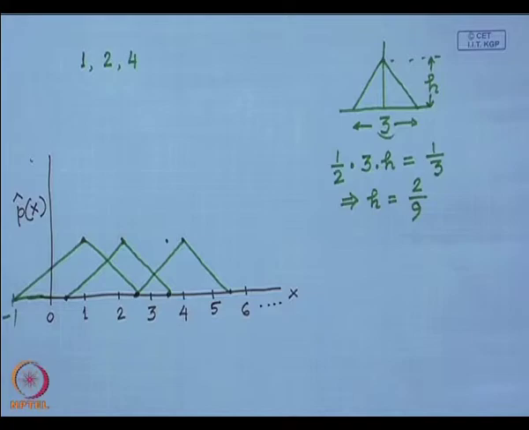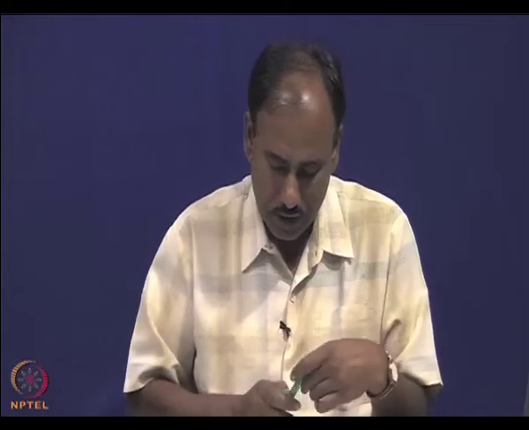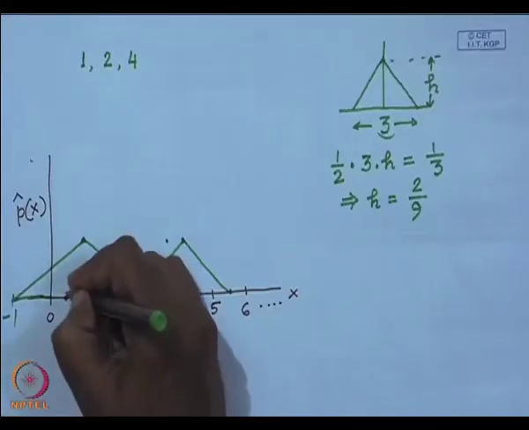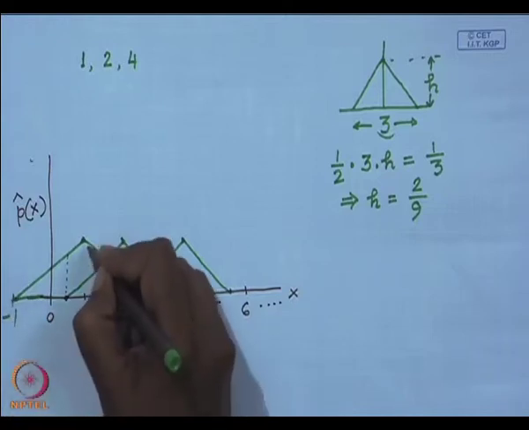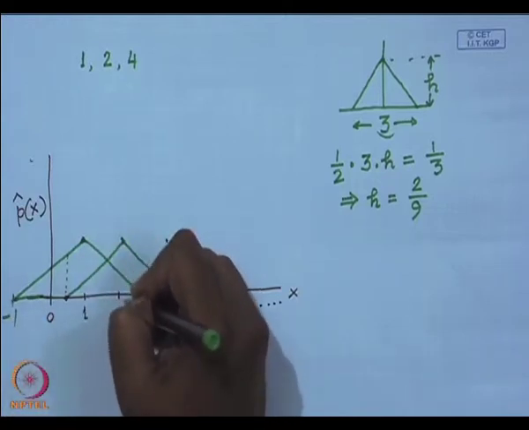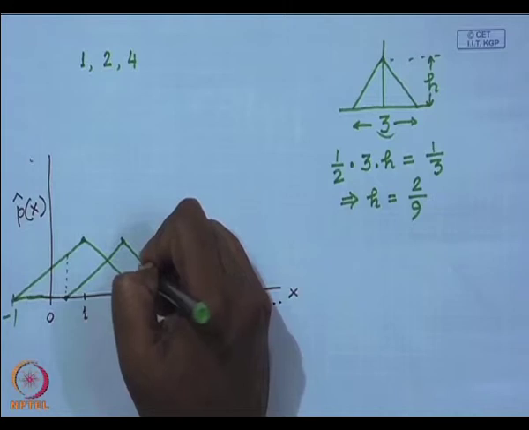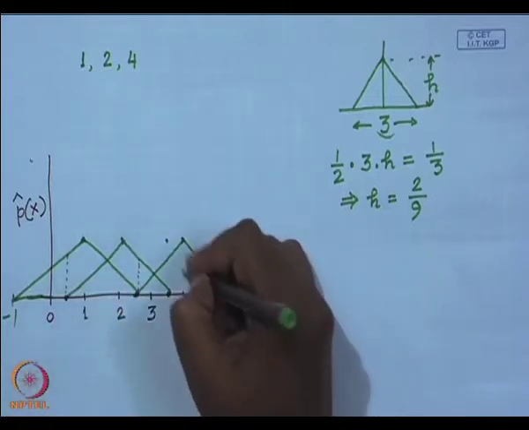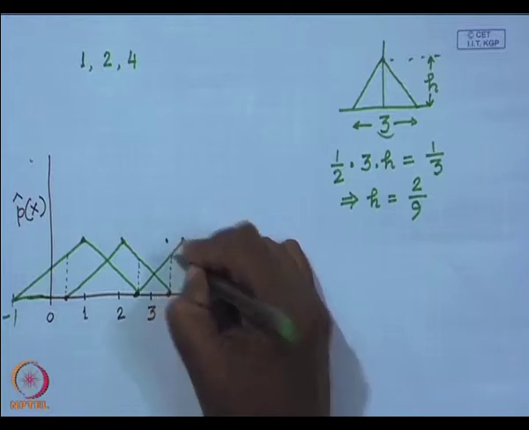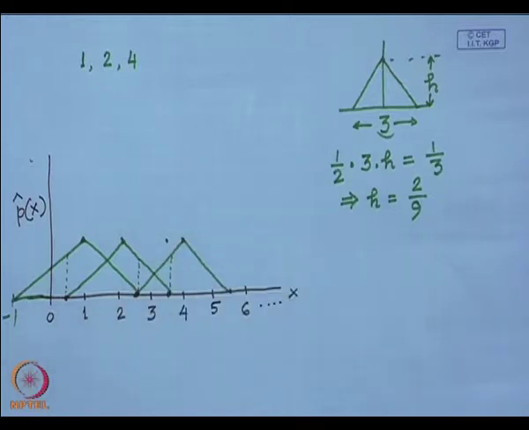So, my final probability density estimate will be the sum of all these triangular windows. Up to this point, I have only one window. From here to here, I have superposition of two windows, and then again up to this point, I have superposition of two windows.